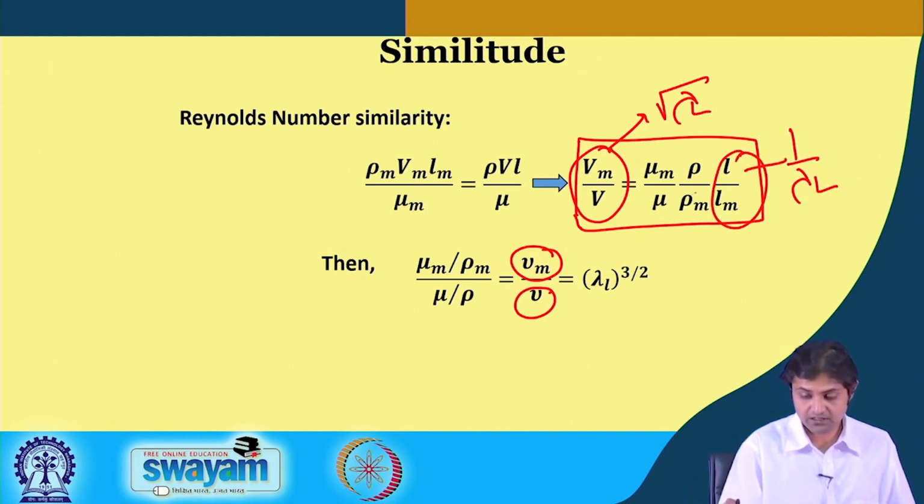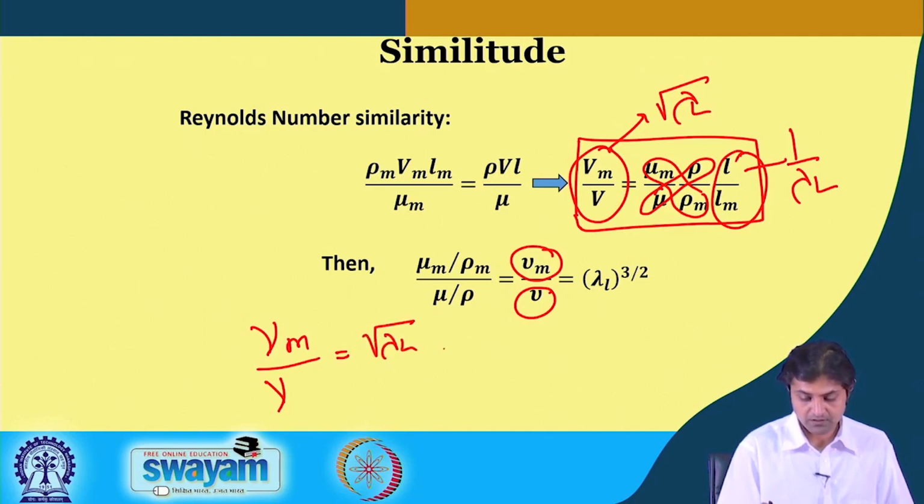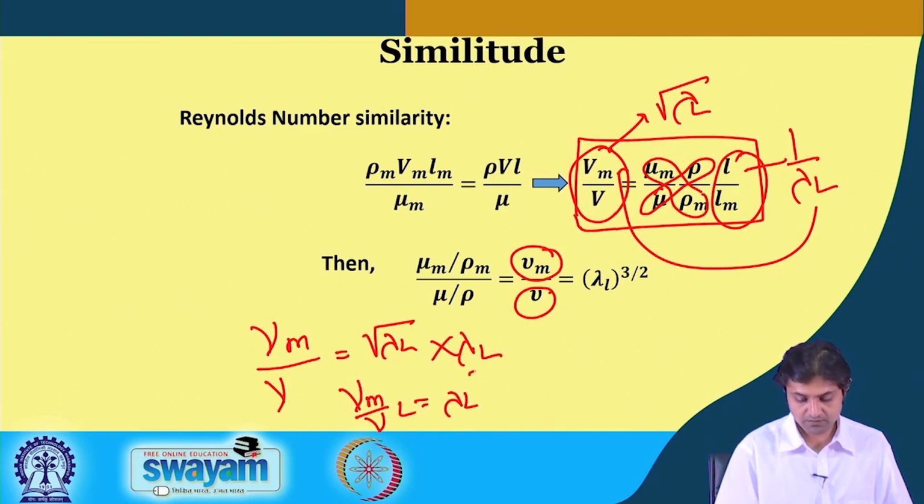So, we can write mu m by rho m is nu m, divided by mu by rho, nu, is equal to lambda L multiplied by, this will go here, into lambda L. So, nu m by nu comes out to be lambda L to the power 3 by 2.